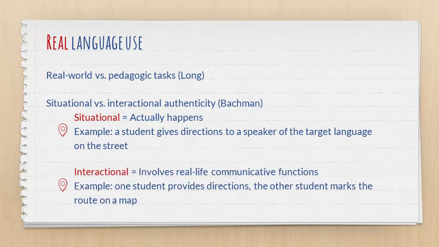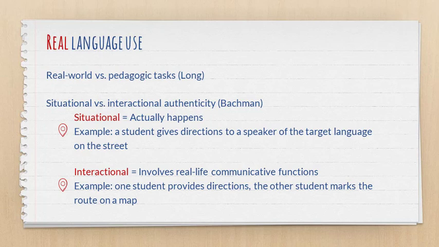And then there's interactional authenticity, which involves using the same real-life communicative functions, but of course, it happens within the context of the classroom. For example, one student provides directions to another student, and the student marks the route on a map. It is not identical to what happens in the real world, but it involves the same communicative functions.